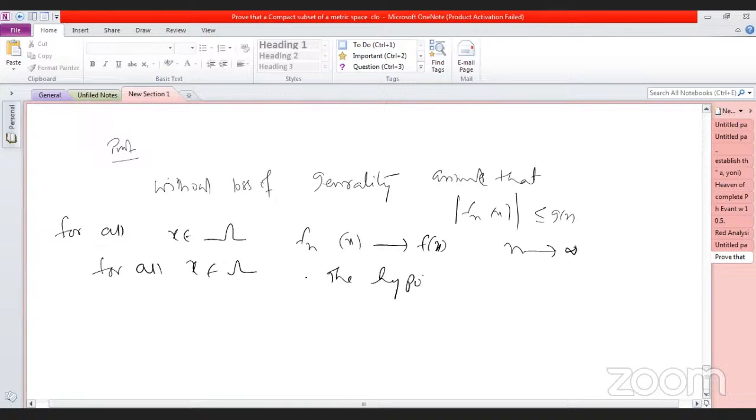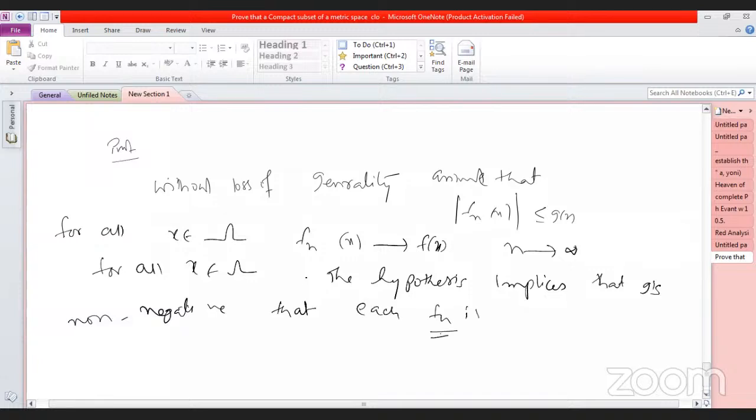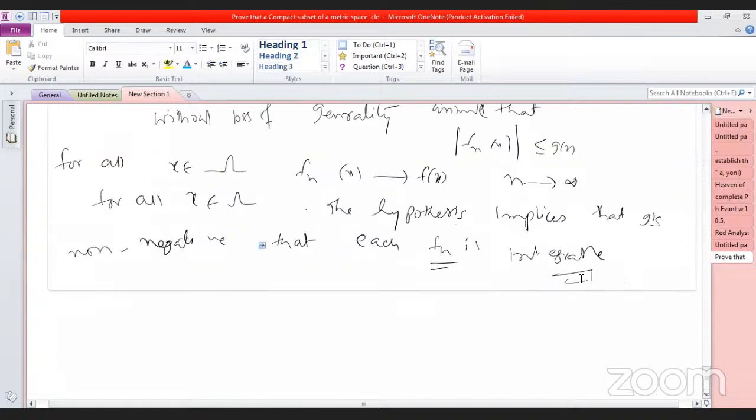The hypothesis implies that g is non-negative. Each f_n is non-negative, so f_n is integrable.